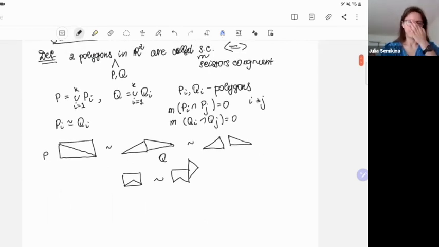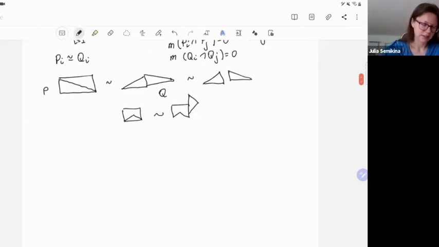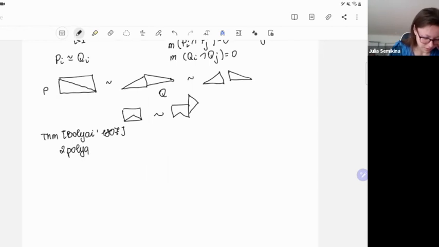And well, it is obvious that if two polygons are Caesar congruent, then they have the same area. And this is an if and only if statement. So this is a very famous theorem from Bolyai, proved more than 200 years ago, that two polygons are Caesar congruent if and only if they have the same area.